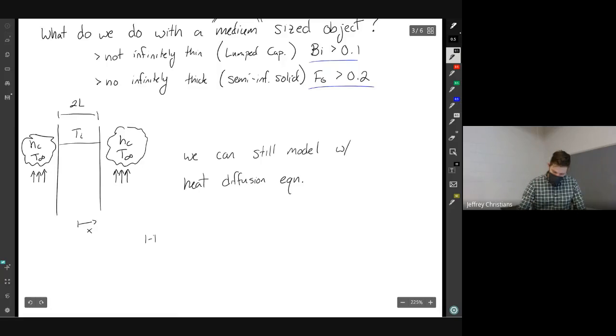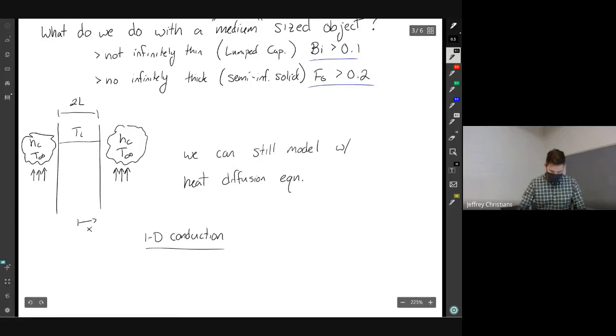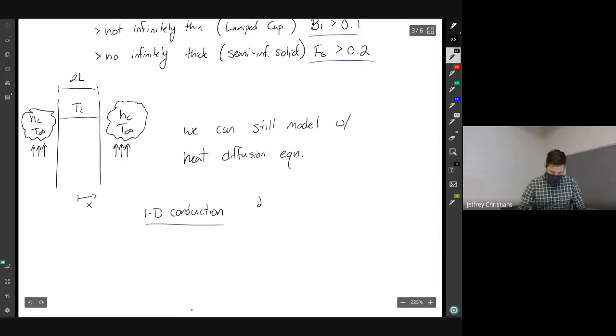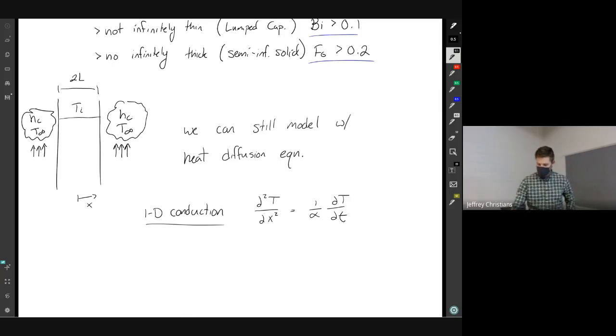So we would have our 1D conduction model: d squared T dx squared equals 1 over alpha dT dt. When you're writing this in your notes, the d's are not normal d's.